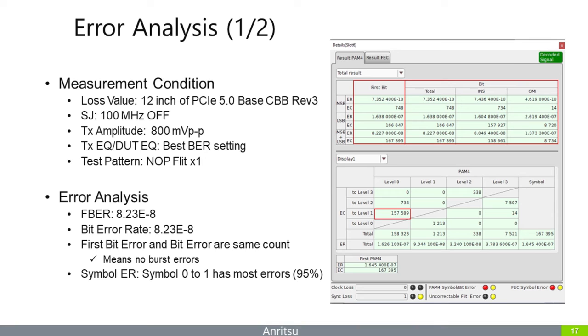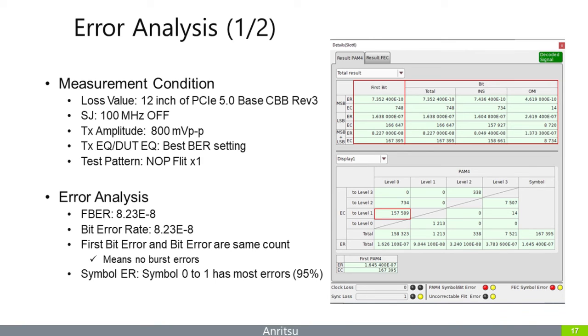So the middle eye is always the biggest eye, and the phase margin is biggest. So the BER of MSB is always better than the LSB error. LSB error, least significant bit error, is the top eye and bottom eye. And you can see 2 or 3 decades worse than the MSB, but this is very typical.